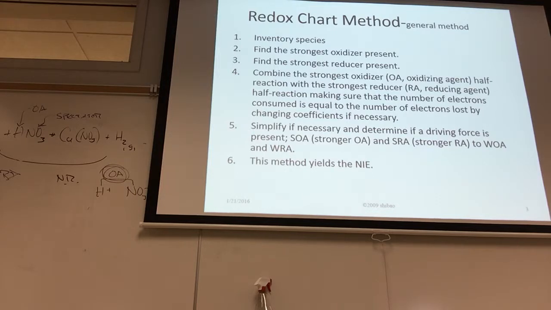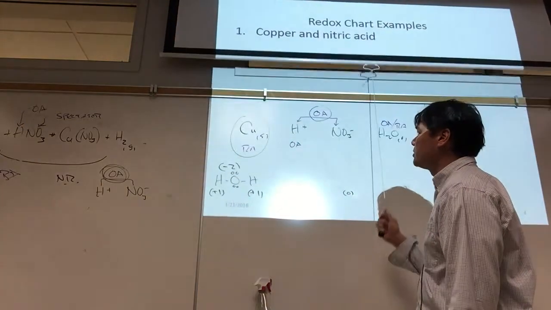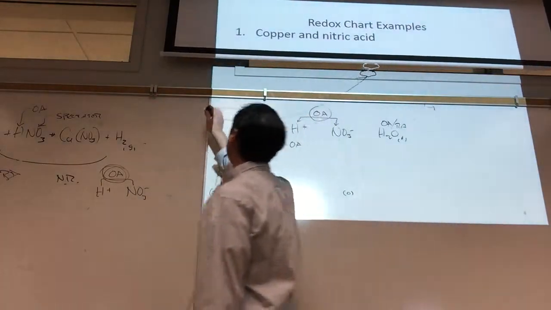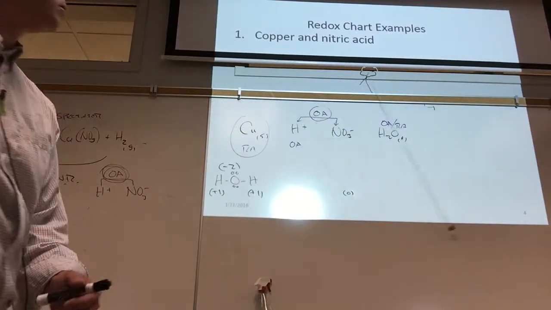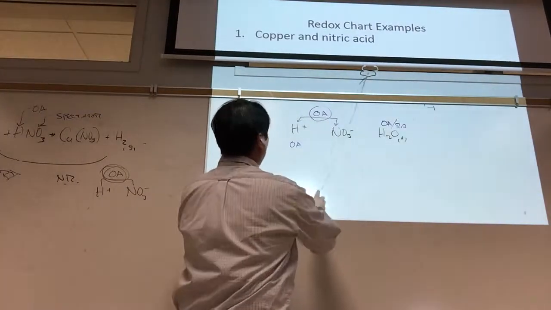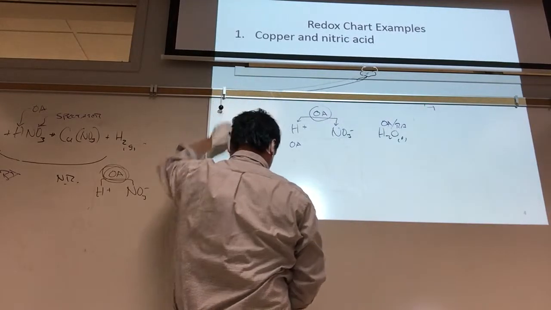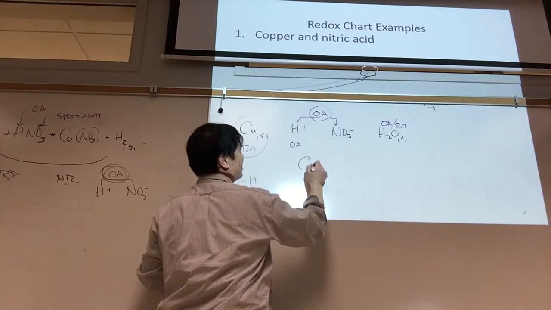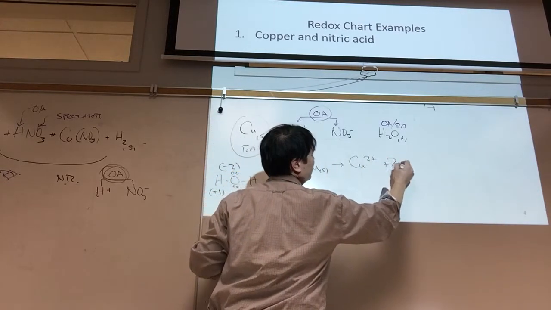All right. So what I do here is I just use the chart. Those equations in the chart are called half reactions. And so I just copy the half reactions off the chart. When copper reacts as a reducing agent, the half reaction is this: Cu solid goes to Cu2+ plus 2 electrons.